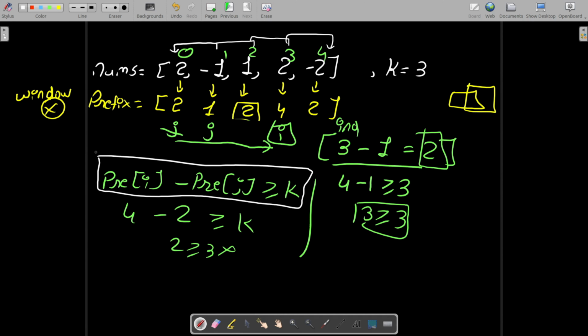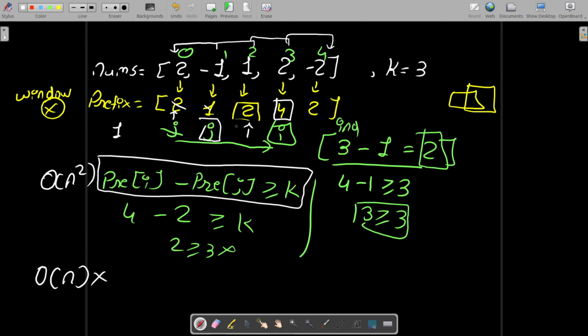This condition could take us to O of n square, because every time we stay at a particular index, we traverse the earlier indexes. When we are at j, we traverse this and this.